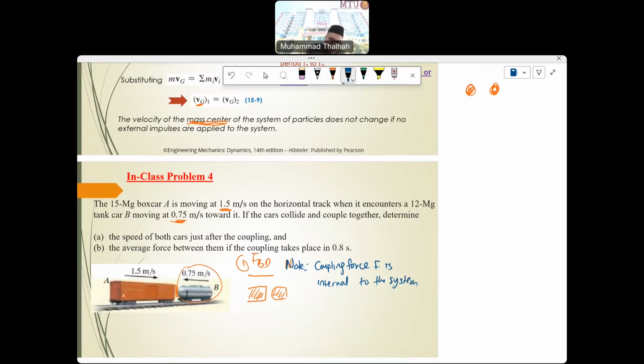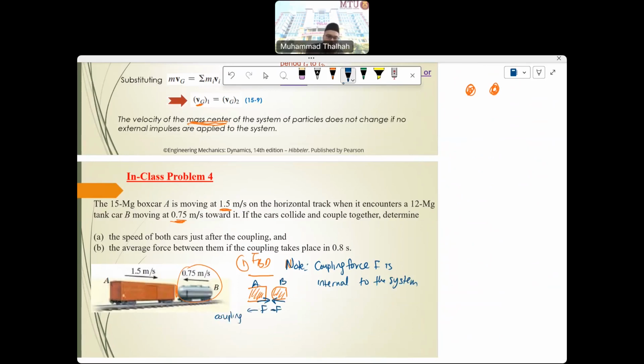When they collide with each other, there's a force from A and another internal force from B, F prime, isn't it? Oh, no, negative F. These forces cancel out each other. F is the coupling force.